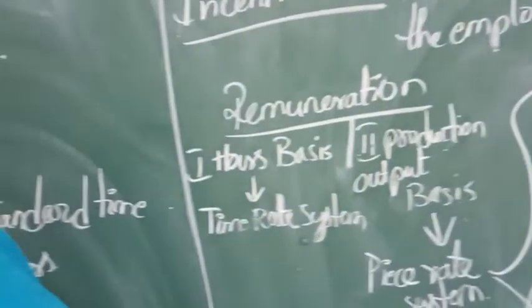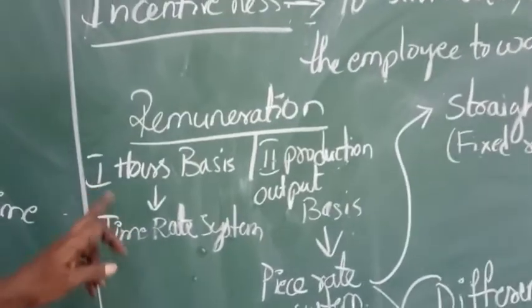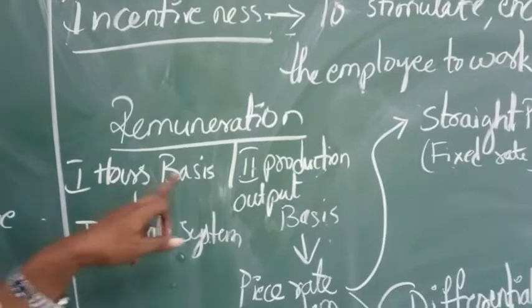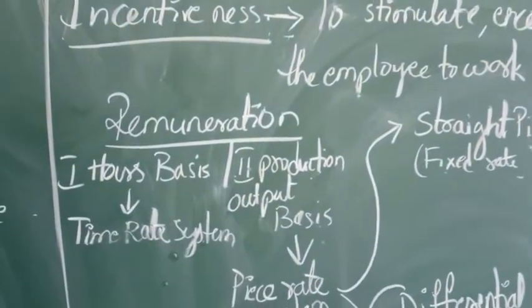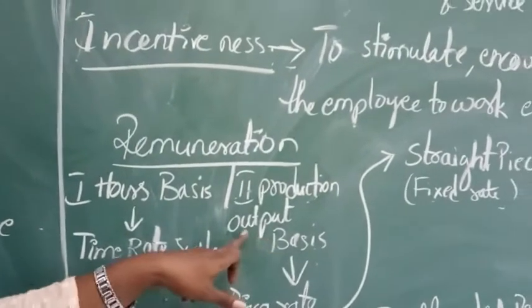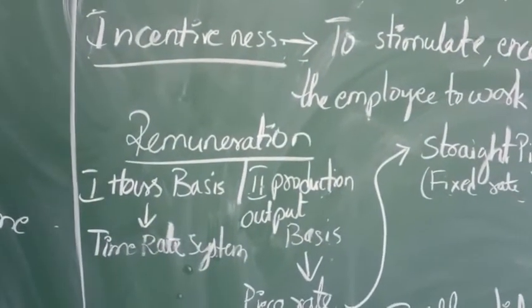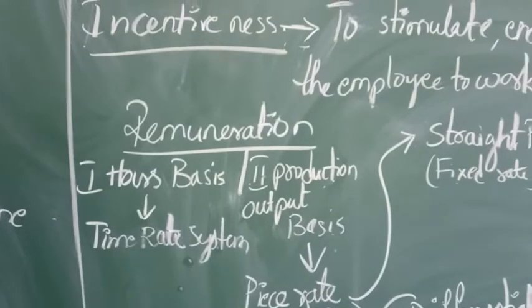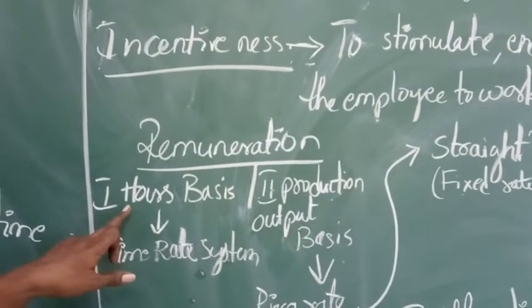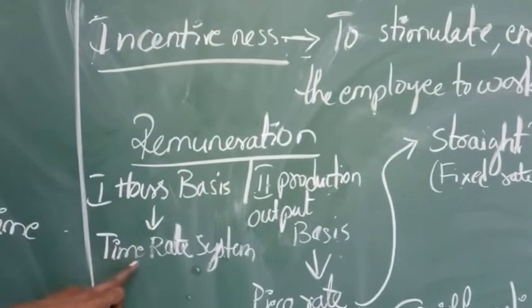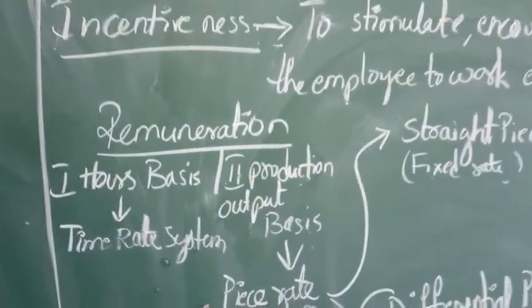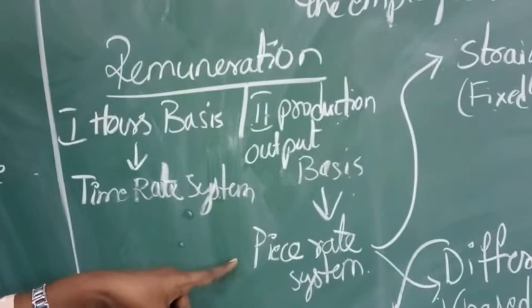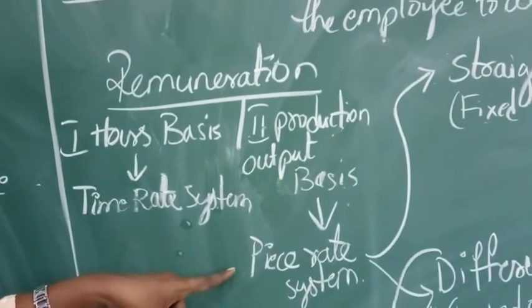The first method is called the hourly basis. The second method is called the production or output basis. How many goods you produced per day of 8 hours comes under the production or output basis. So under the hour basis we have the time rate system, and under the production or output basis we have the piece rate system.